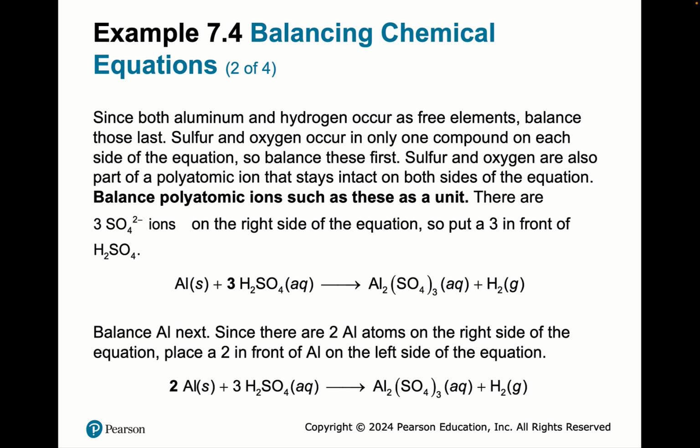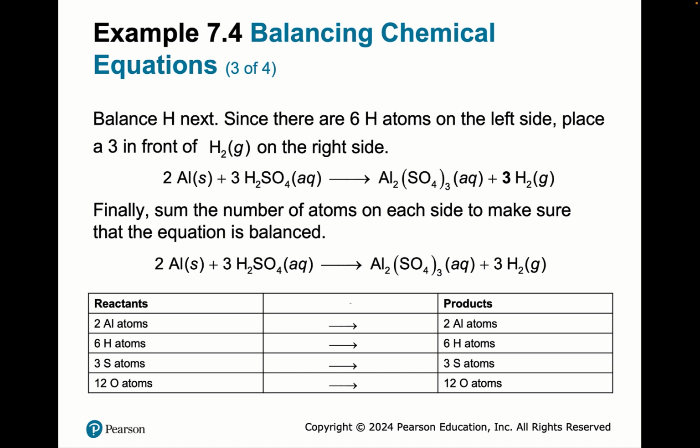You can balance each of the ions, but since the sulfate ions are on both sides of the equation, it might be easier to just think of the SO4 as a unit, because that unit is not breaking up. If you look at the aluminum sulfate, there's 2 aluminums and 3 sulfates, so you can right ahead put 2 in front of the aluminum and 3 in front of the sulfuric acid to keep those balanced. And now the last thing is just to look at the hydrogen. There's 6 hydrogens on the left, so you need 6 hydrogens on the right.